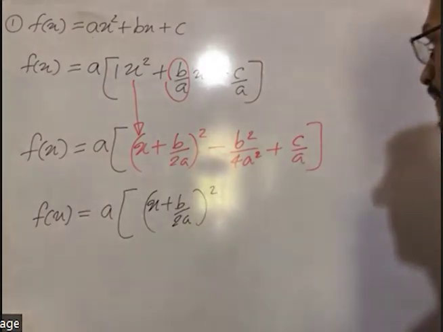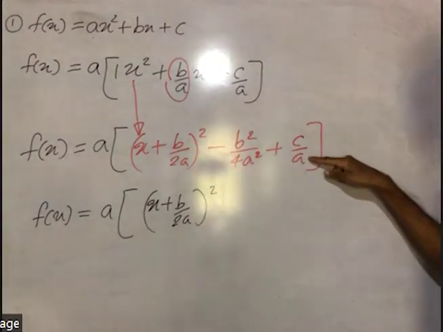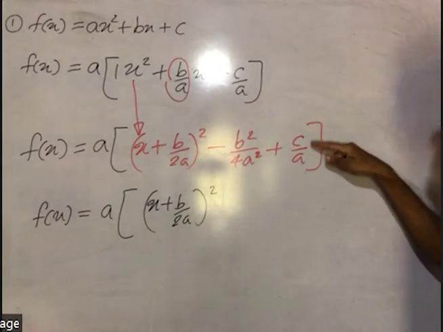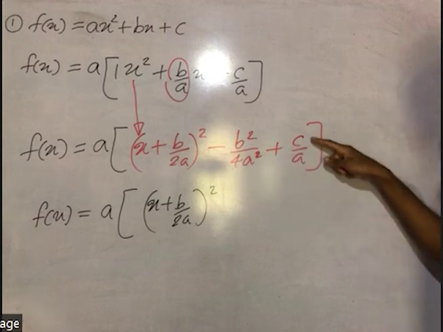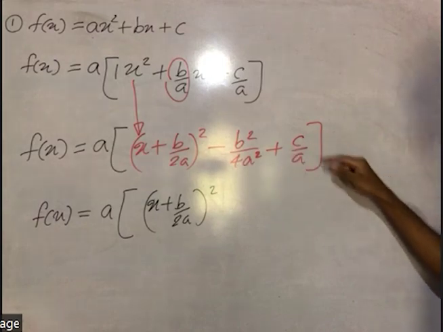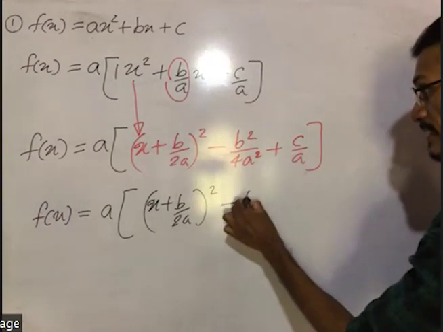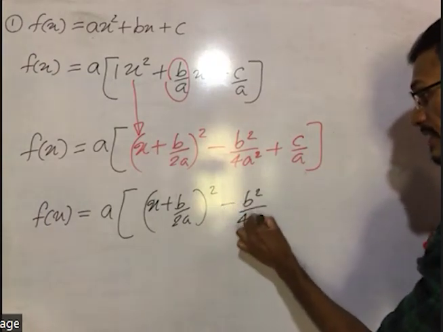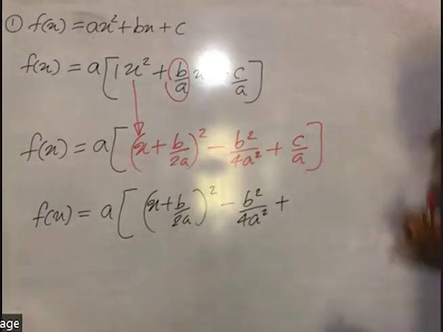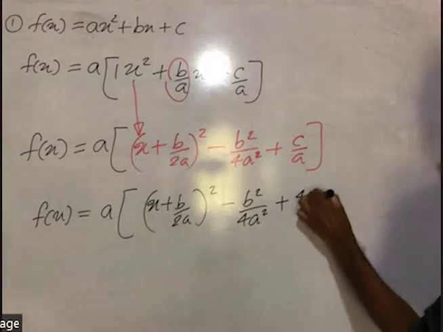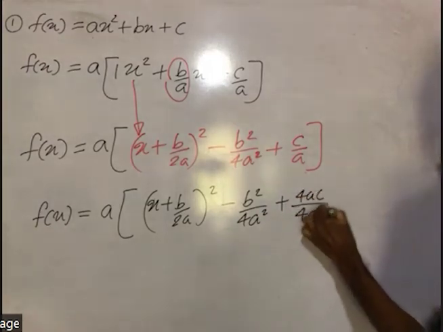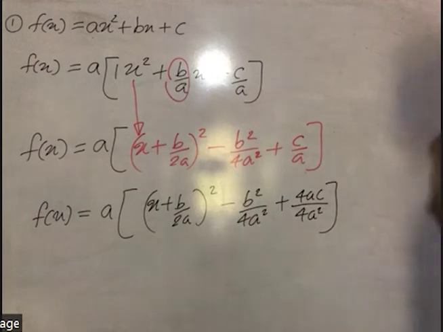Now I'm going to multiply this term by 4a in the numerator and denominator. Now I will have minus b square over 4a square. If you multiply numerator and denominator by 4a, then 4ac, and here we have 4a square. Now we have a common denominator.